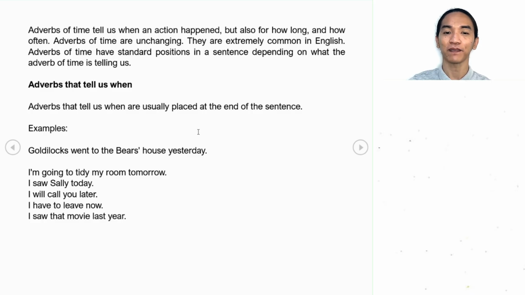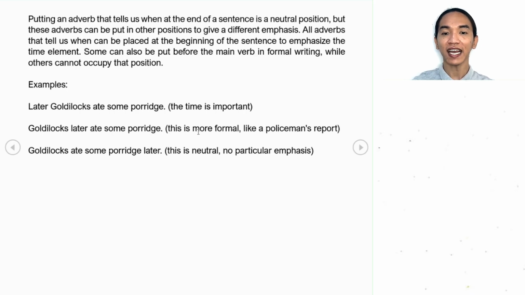All right? Next, putting an adverb that tells us when at the end of the sentence is a neutral position. But these adverbs can be put in other positions to give a different emphasis. Now, if you put them in a different position, then you are giving a different emphasis.